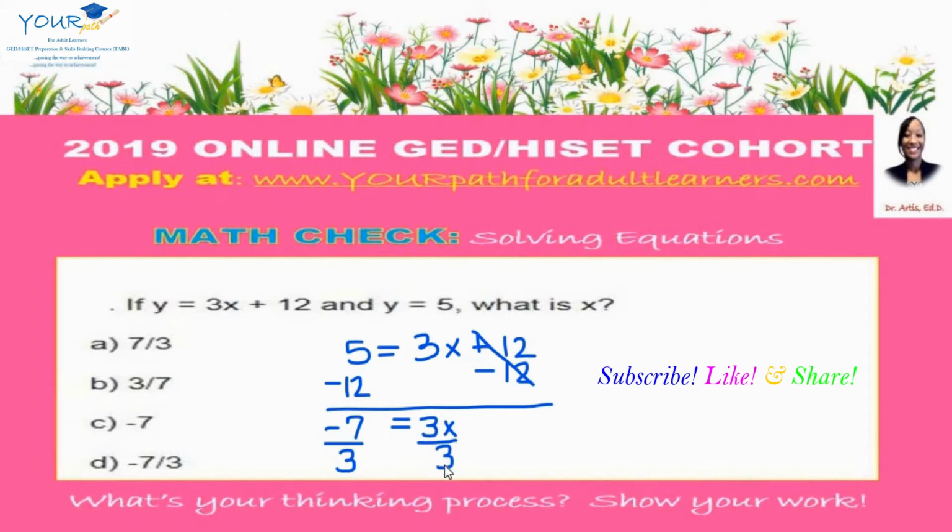This then will allow us to get rid of our 3, leaving us with x because 1 times any number will give you the value of that number. And so now we know that the value of x is x equals -7/3.